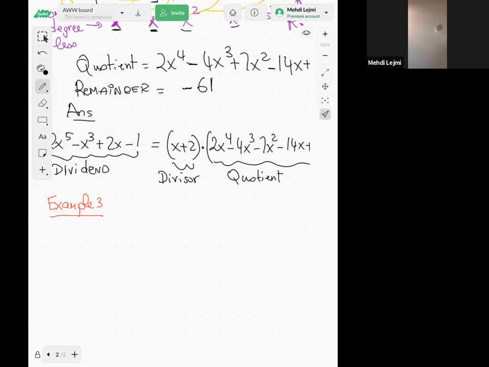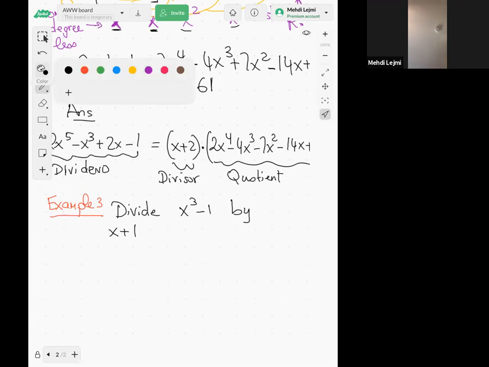Let's say you want to divide x cubed minus 1 by x plus 1. If you say x plus 1, then your c should be the opposite. This is plus 1, so your c is negative 1.